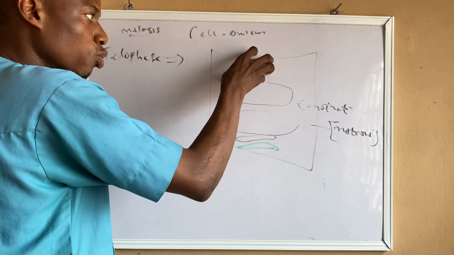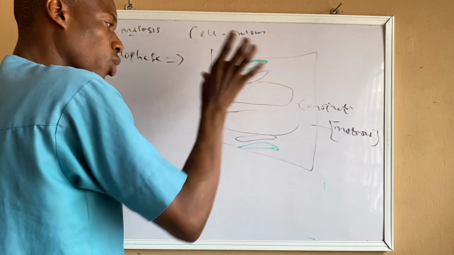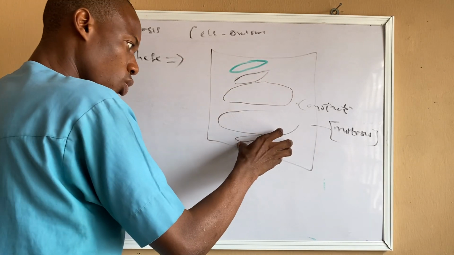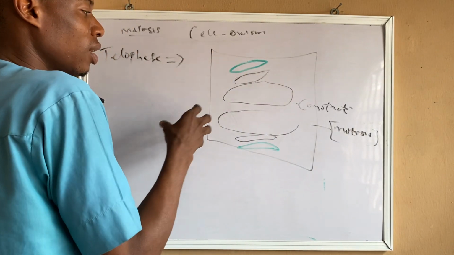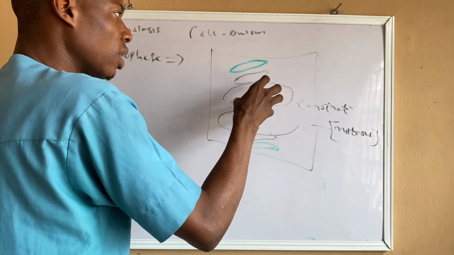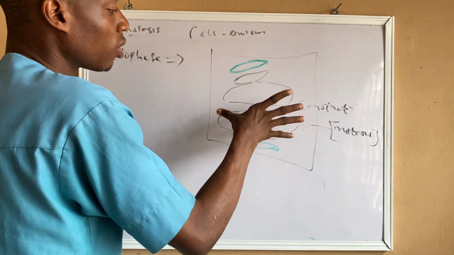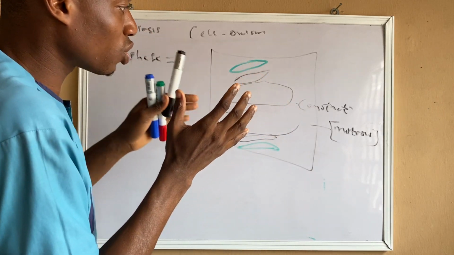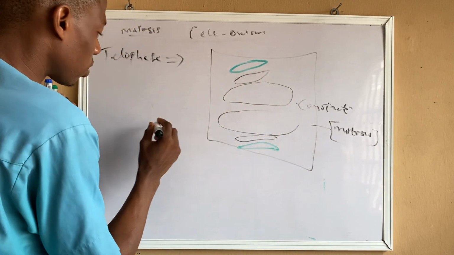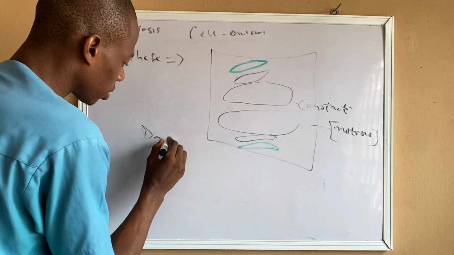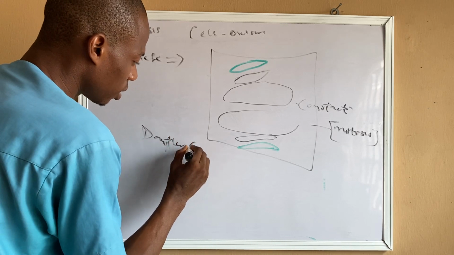Each of these chromosomes has its own nucleus. This one also has its own nucleus. We have been trying to do the reaction several times. The nucleus of this now comes to the nucleus of this. They have to constrict just to produce the daughter cells. We usually call them daughter cells.